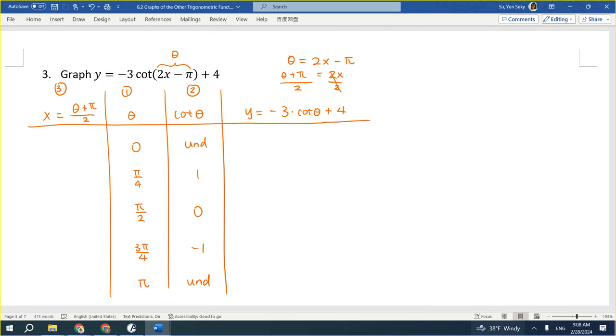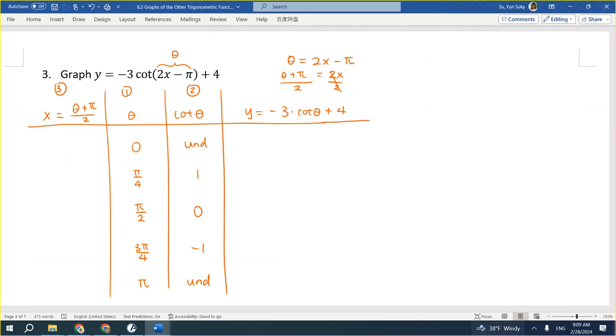Right, everybody? Take out your worksheets and take notes. The first step, we fill out the theta column, and then we fill out the cotangent theta column. These two columns are always the same when you have a cotangent function in the problem.